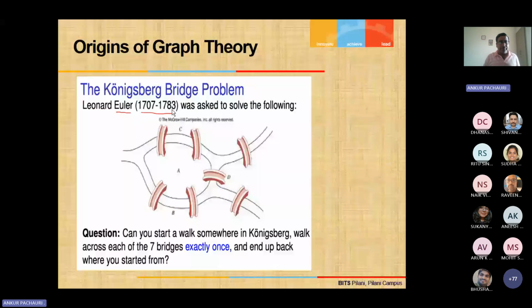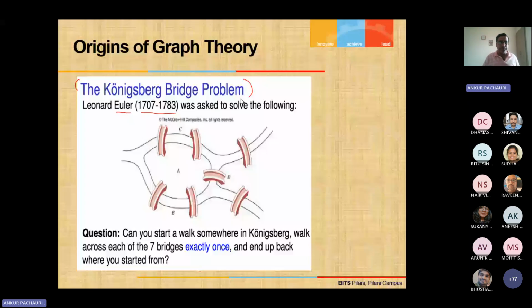Sometime between 1707 and 1783, he was asked to solve a particular problem, and the name of that problem was the Koenigsberg bridge problem. What does Koenigsberg mean?